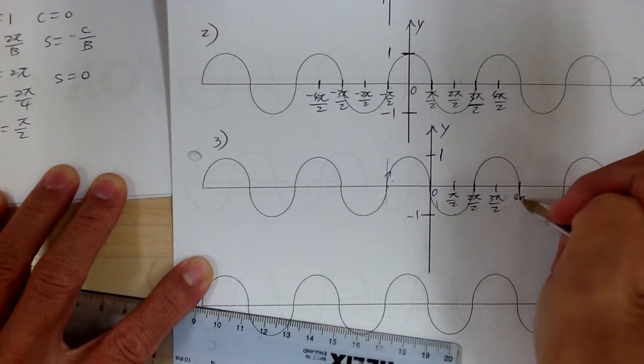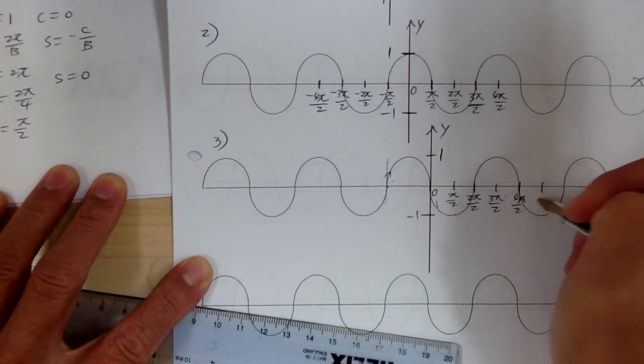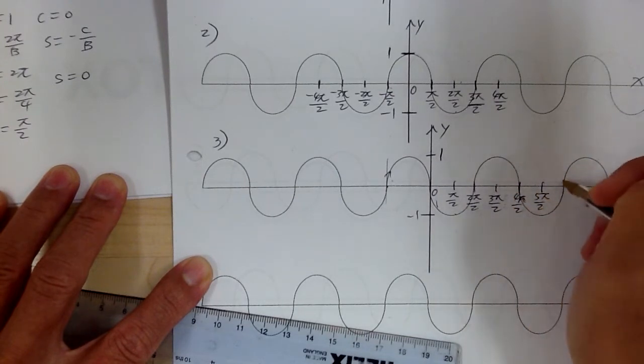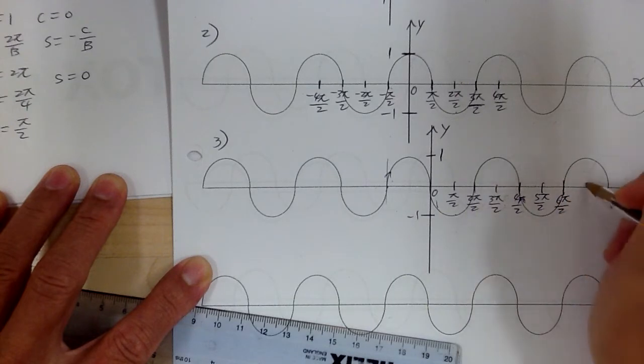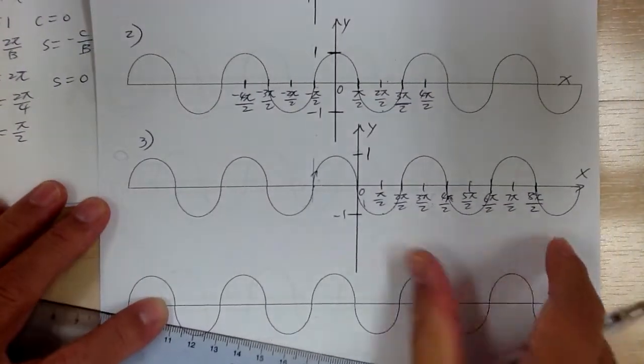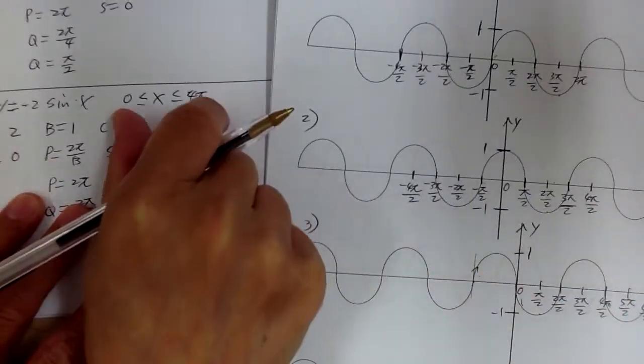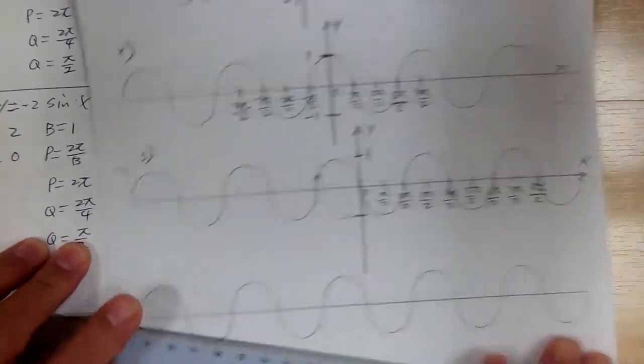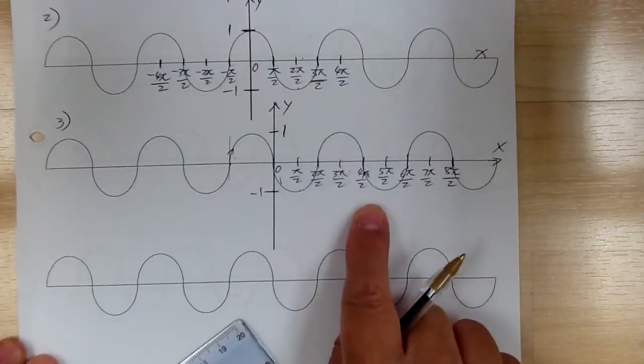So 4 pi over 2, 5 pi over 2, 6 pi over 2, 7 pi over 2, and you have 8 pi over 2. So you got to make sure this matches with this. Okay. So that's the graph for number 3.